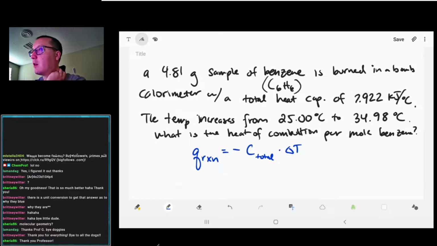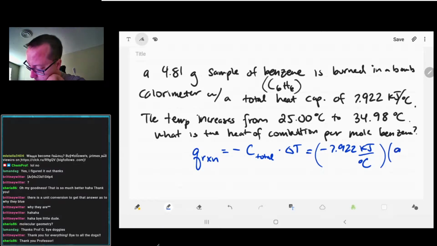So we're good. We can just work directly with this. So the Q for the reaction is just going to be our heat capacity times 9.88 degrees Celsius. That's going to be our delta T, right? Final minus initial.